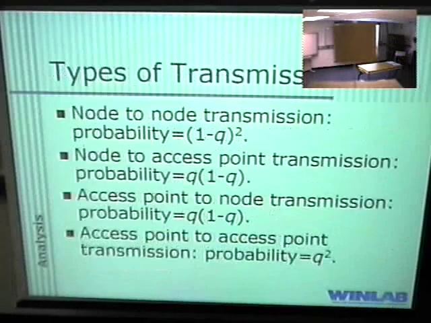And since we are looking at a heterogeneous system with 2 types of nodes, I've tried to divide the work into 4 kinds of transmissions, namely node to node, node to access point, access point to node, and finally access point to access point. And these are the probabilities of it occurring, namely what is the probability that a node starts the transmission and it is received by a node, and so on.